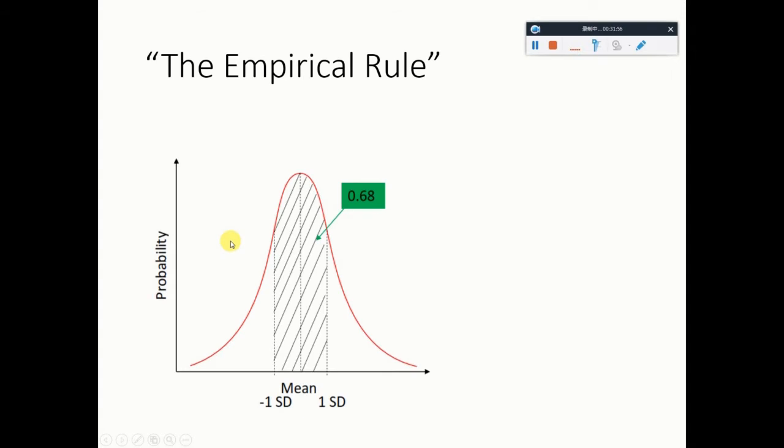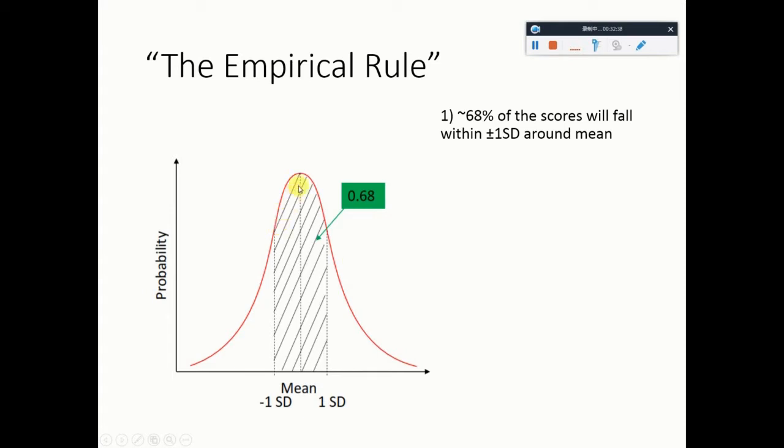The first statement says, given a normal distribution, the probability of a score that falls within 1 standard deviation around the mean, here is 1 standard deviation above the mean, here is 1 standard deviation below the mean, is about 68%, or the probability is 0.68.